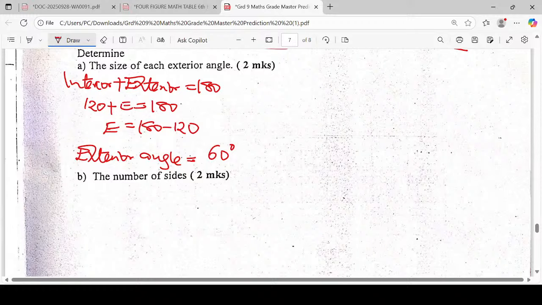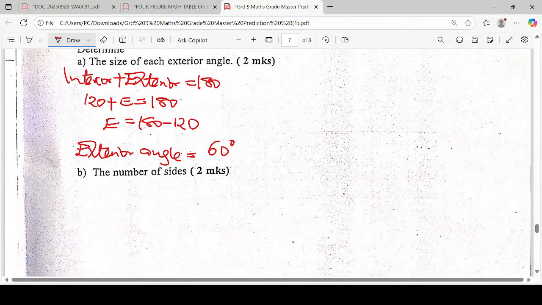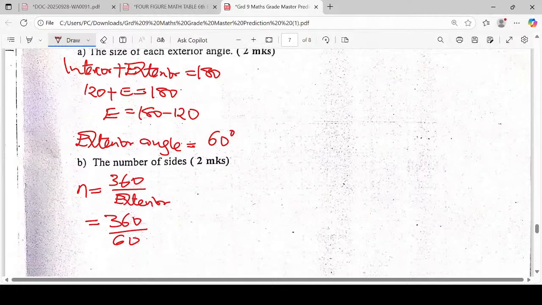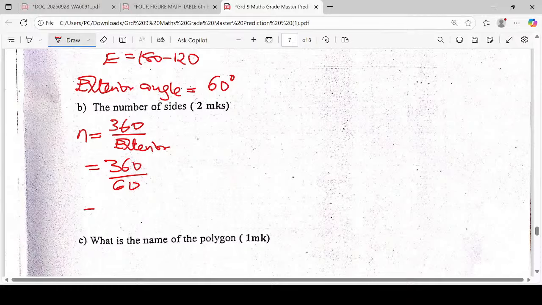Then next you are being told to determine the number of sides, n. You learned that the number of sides of a polygon n is given by 360 divided by the exterior angle. That is the formula. So this is going to be 360 divided by 60. Therefore, this is 6 sides.